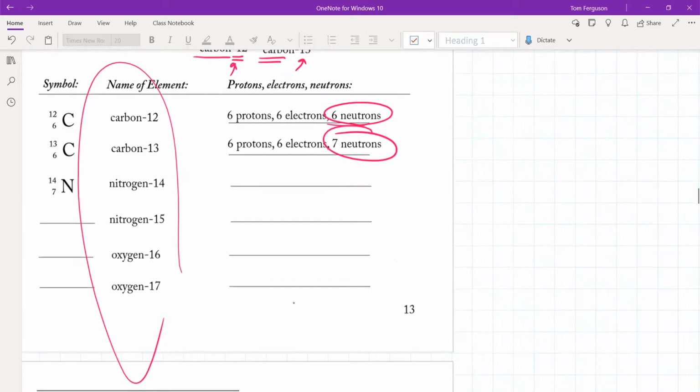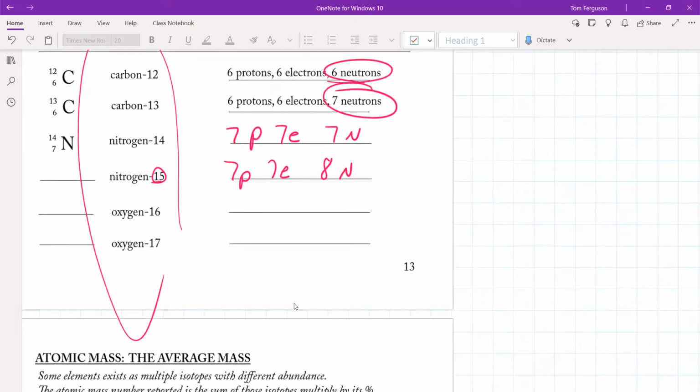Nitrogen 14, nitrogen 15. Okay, nitrogen has 7 protons, 7 electrons if it's neutral, and in nitrogen 14, 7 neutrons. The 7 plus 7 is 14. In this case, we have 8 neutrons because 8 and 7 is 15.